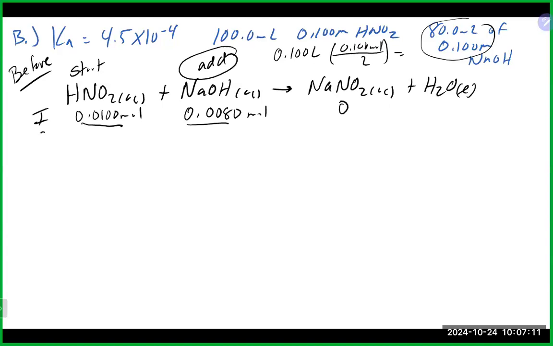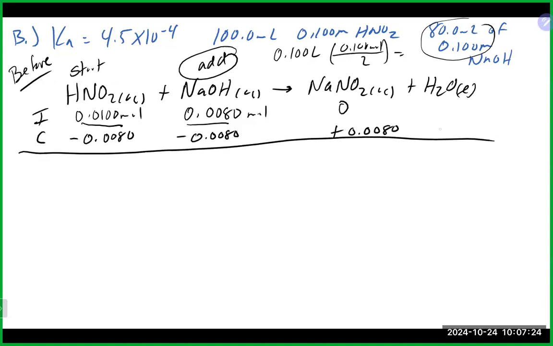We're going to do the change here, which is our sodium hydroxide, minus 0.008, minus 0.008, and plus 0.008. That's going to get us at equilibrium 0.01 minus 0.008, 0.002 moles, 0 of this guy, and 0.008 moles of this guy.